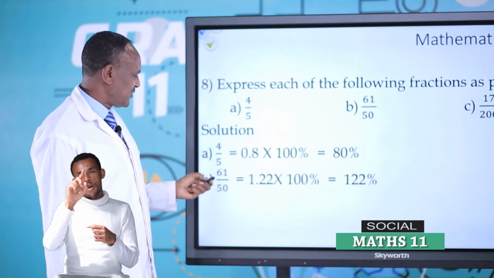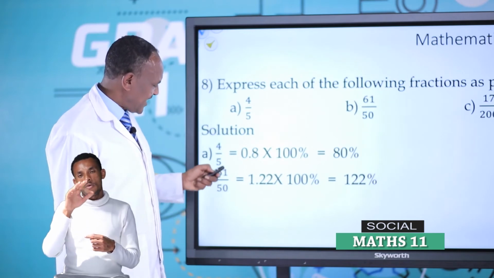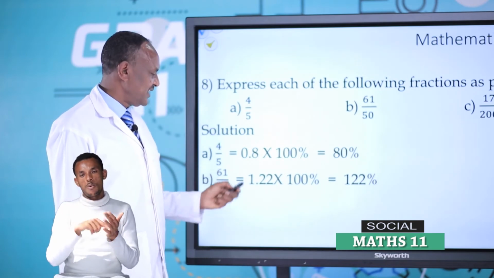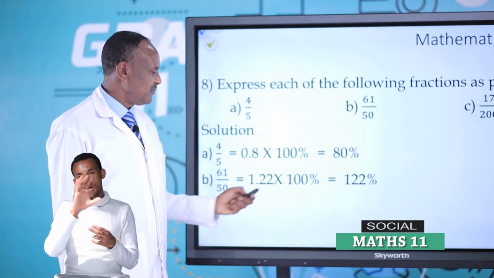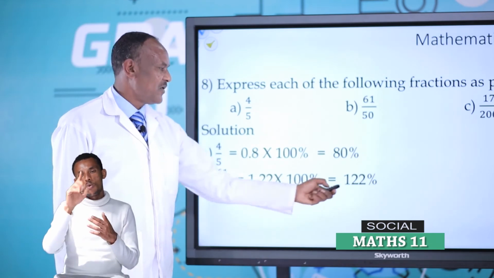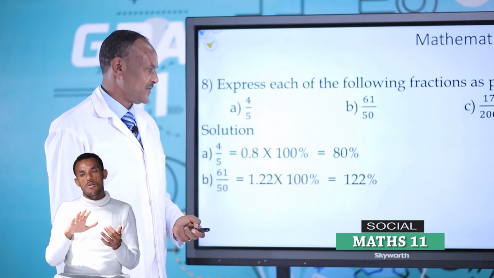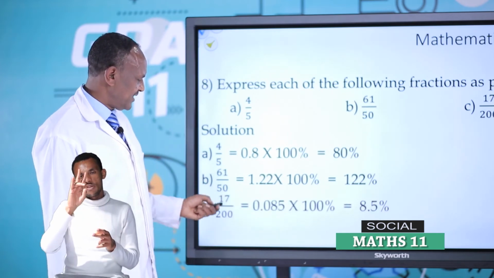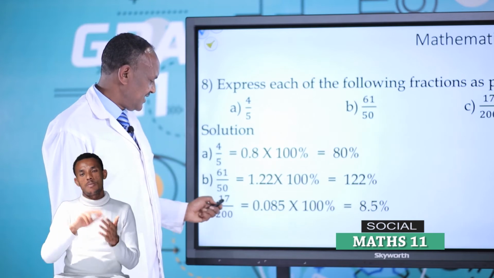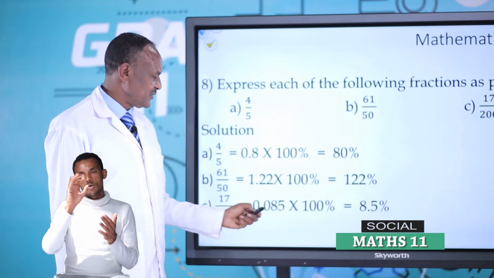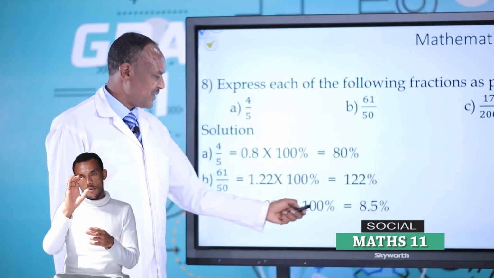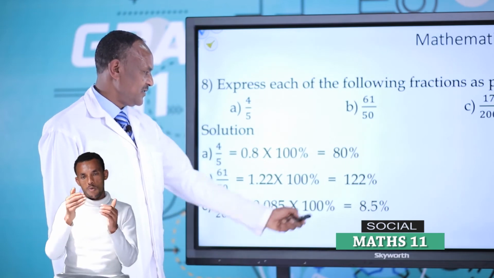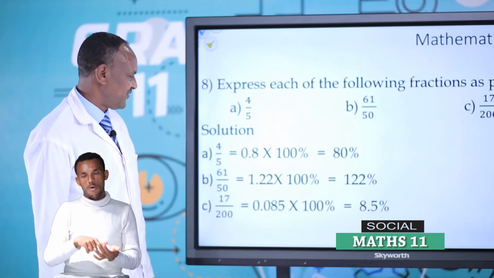When you come to 61 over 50, the decimal form of 61 over 50 is 1.22. Multiplied by 100%, you will have 122%. When you come to the third, 17 over 200 means you have 0.085 multiplied by 100%. So you will get a value equal to 8.5%.